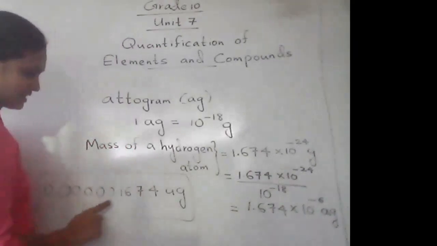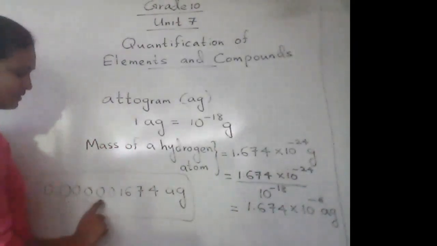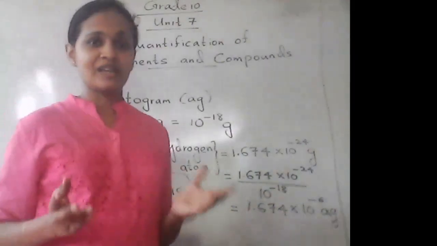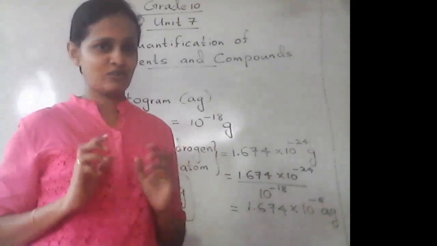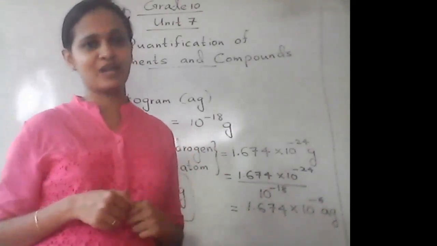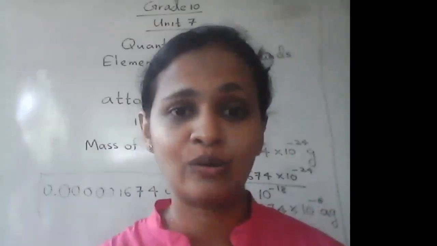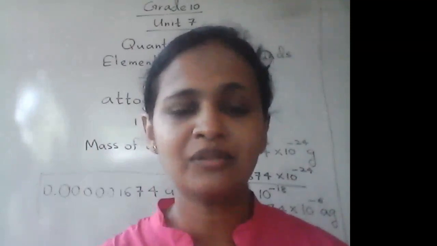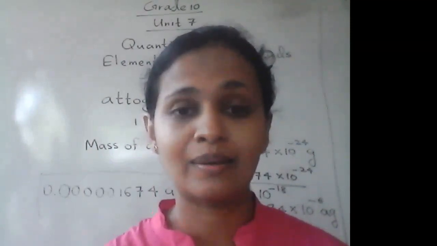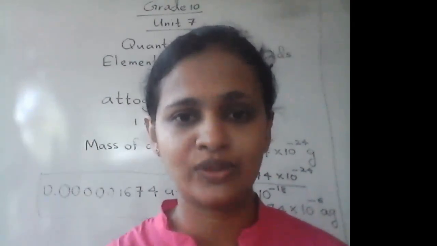If we write the value exactly, it is equal to this much. So it is clear that even the smallest unit of measuring mass is too big to present the mass of an atom. Therefore came the requirement of presenting the mass of smaller substances or atoms relative to a standard unit.